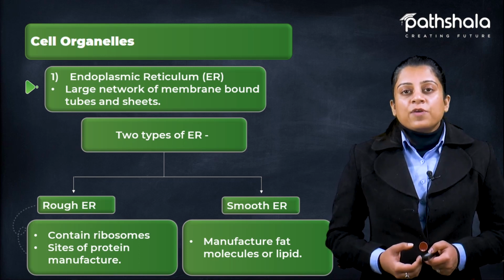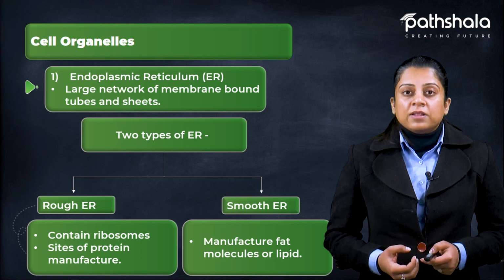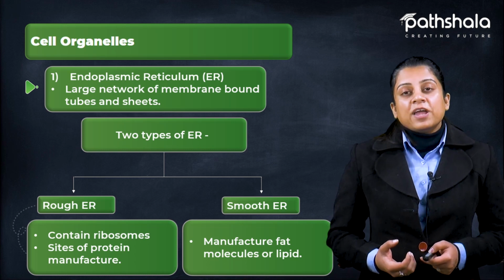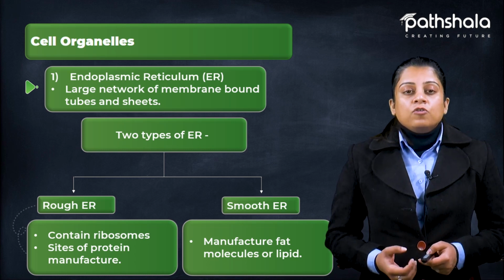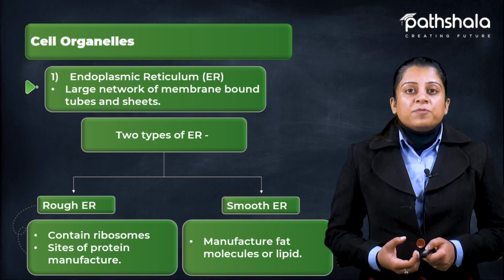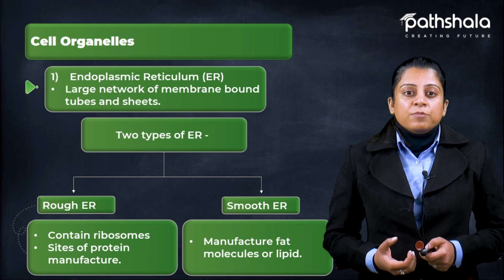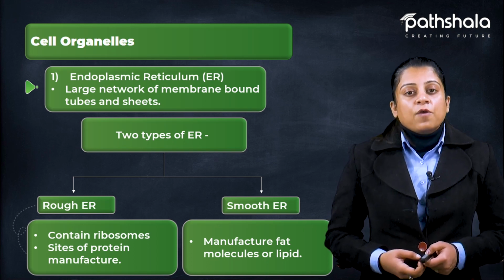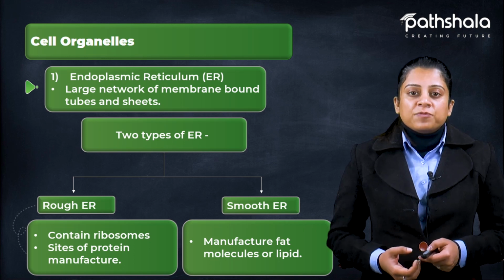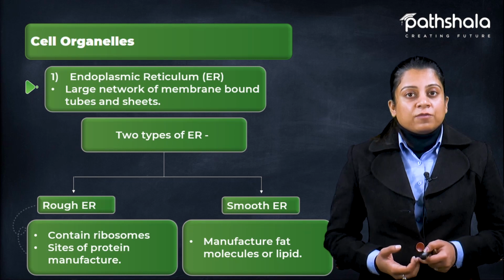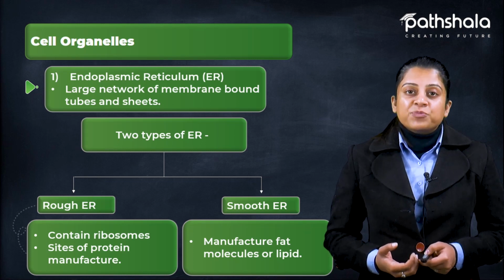There are two types of endoplasmic reticulum that are found in the cell. The first is rough endoplasmic reticulum and the next type is smooth endoplasmic reticulum. Talking about the rough endoplasmic reticulum, it contains ribosomes, which are the sites of protein synthesis, whereas the smooth endoplasmic reticulum does not contain these ribosomes on its surface, and that's why it appears smooth.